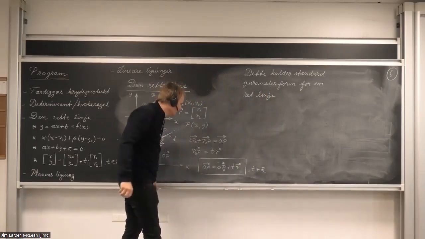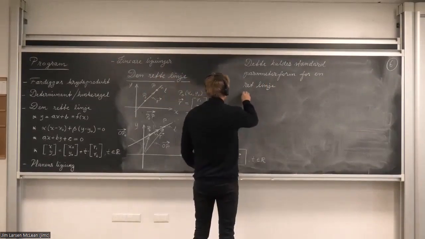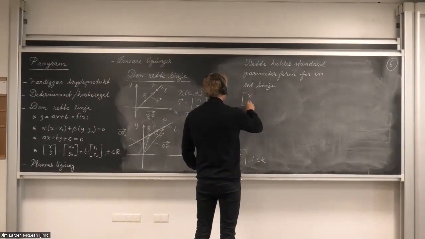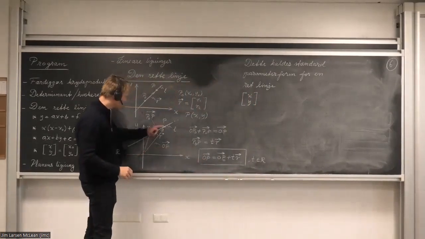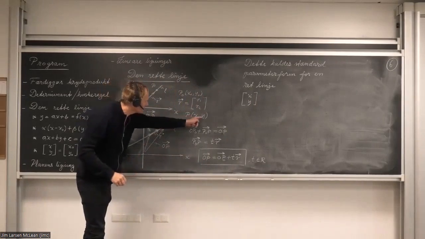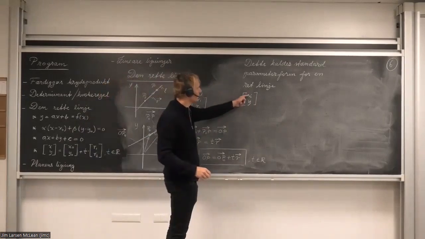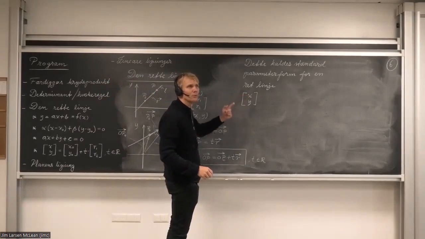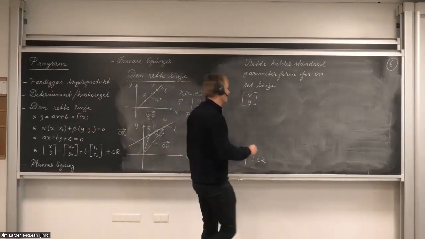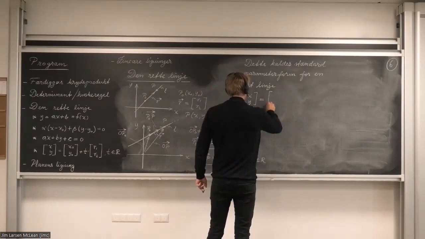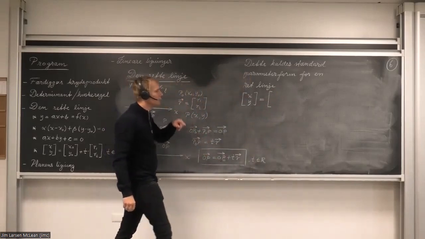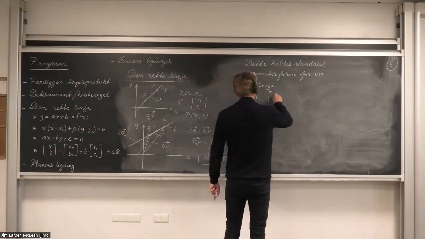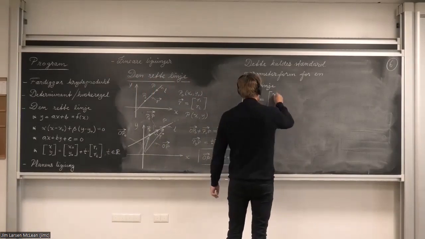And OP is the vector with coordinates x over y. And remember, OP is the vector that starts at O and ends at P, and point P has the coordinates x, y. Therefore, the vector OP has the coordinates x over y because it is the position vector for P. And this vector here, OP0, has the coordinates x0, y0 because it's a position vector to that point, x0, y0.